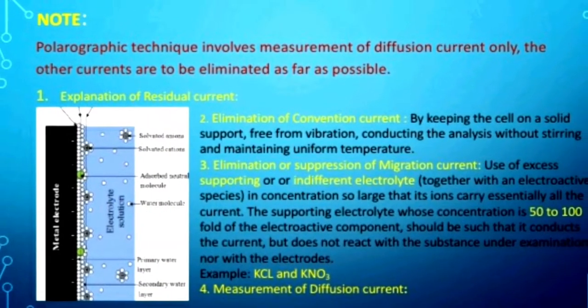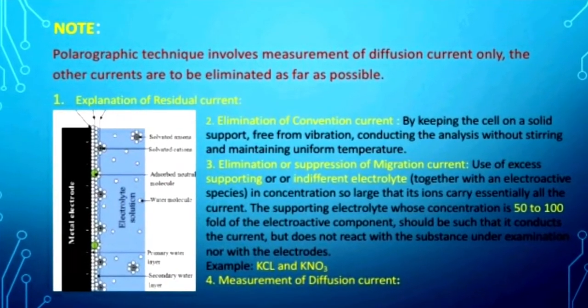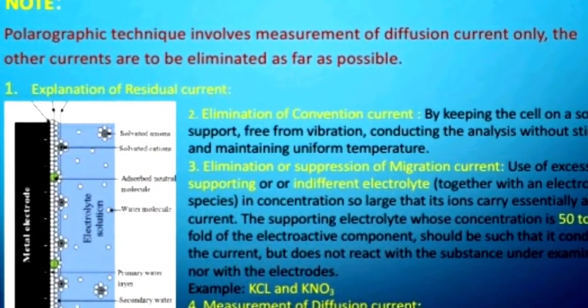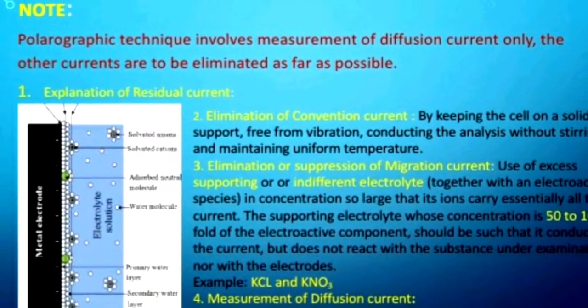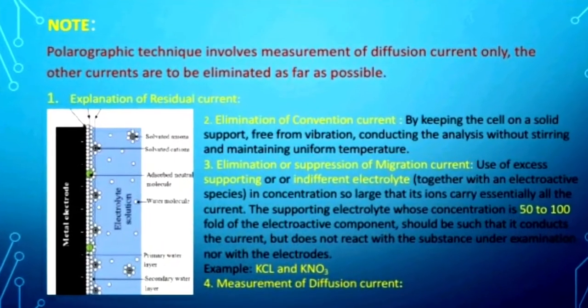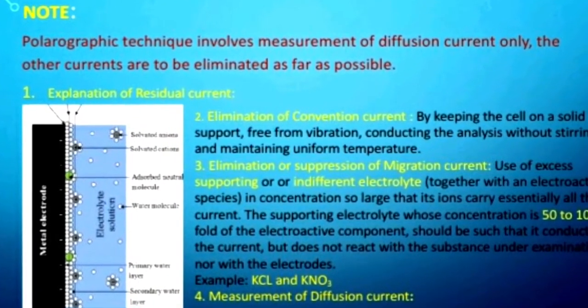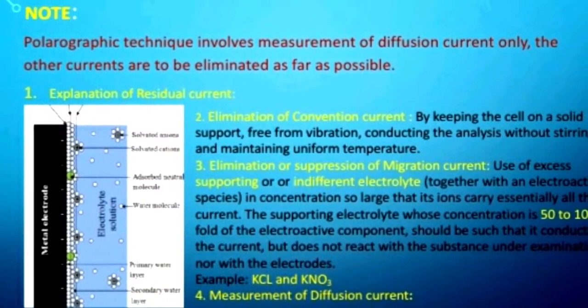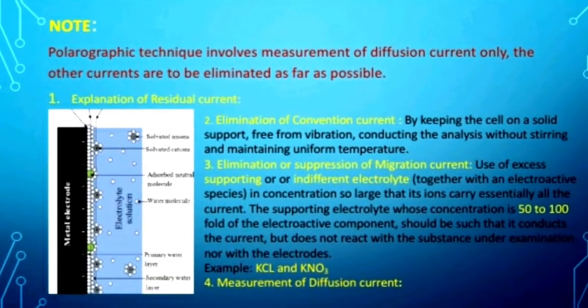This current is called condenser current. That is, there's a double layer that is formed, and in that case, when you apply a voltage, a small amount of current will be flowing through the two plates of the capacitor. And this current is also known as the condenser current.